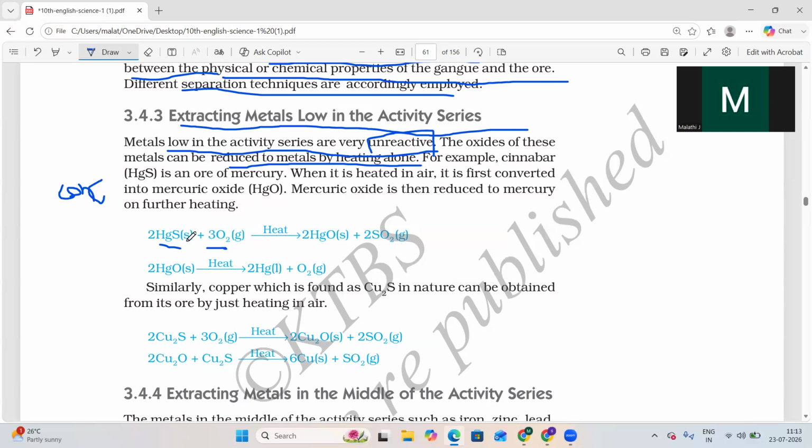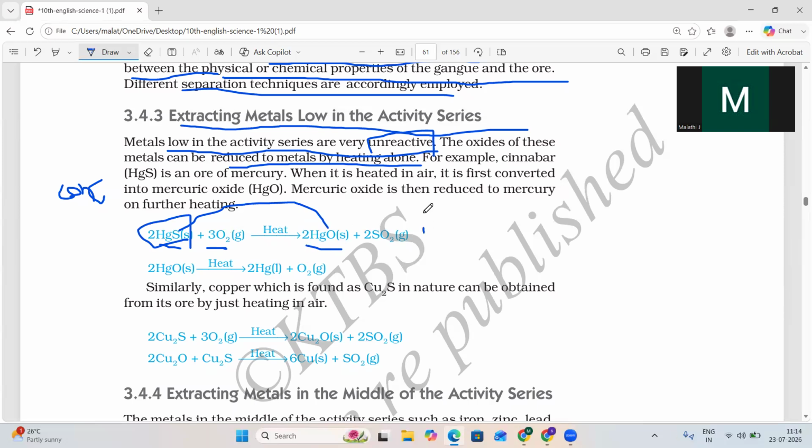We cannot extract the metal from sulfide ores easily, so first we convert the sulfide ore into oxide. So we heat mercuric sulfide in the presence of oxygen and we get mercuric oxide.